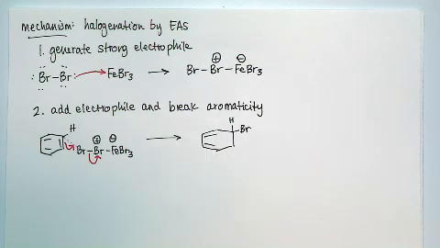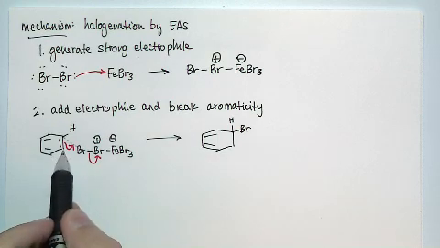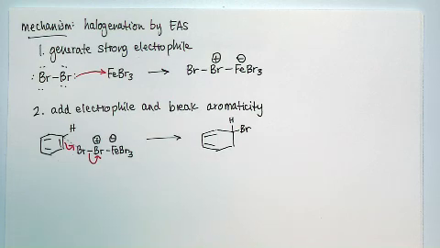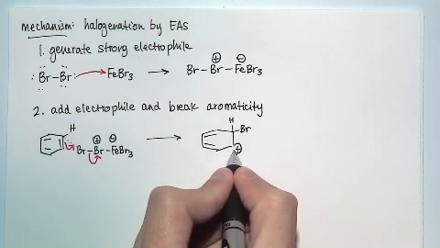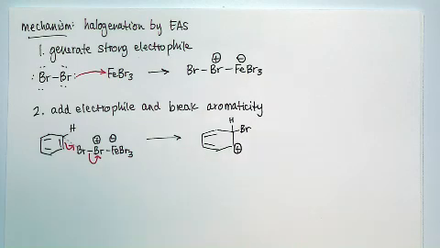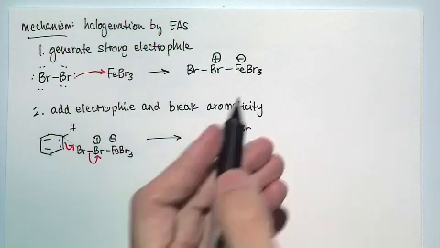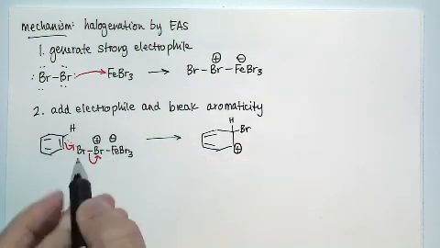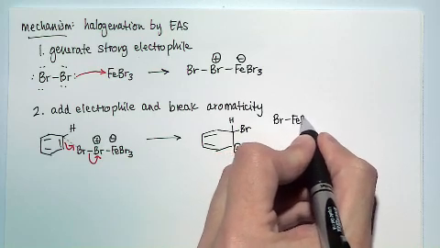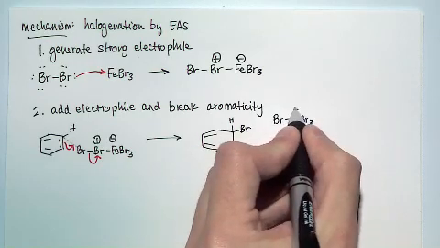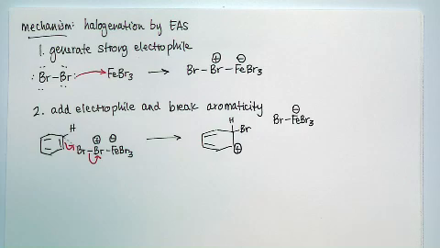The bromine has been added, and a pi bond has left that carbon. So there's a positive charge right there. In addition, we've got what's left over from that, just that ion.